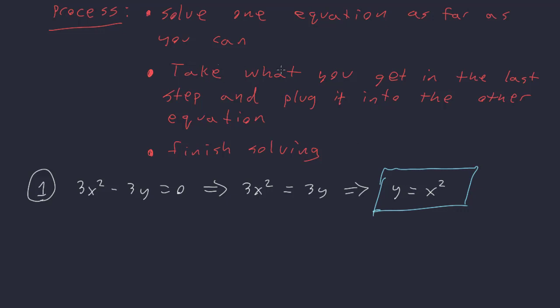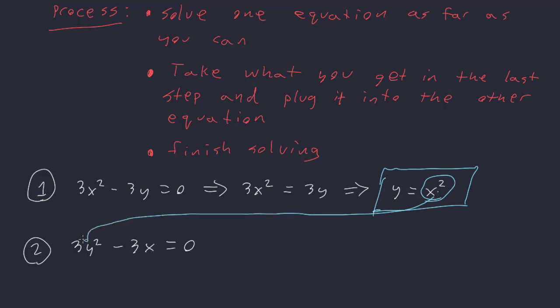So now we're going to take what you got in the last step and plug it into the other equation. So our other equation, equation 2, was 3y squared minus 3x equals 0. So I'm going to take this, y equals x squared, and plug that x squared into y.